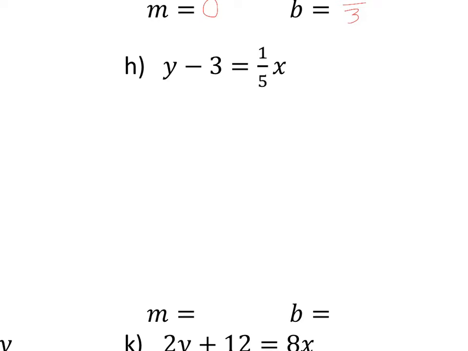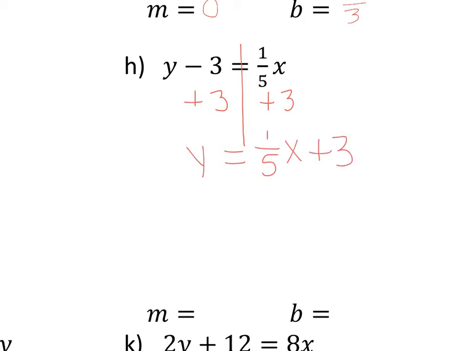Letter H, y minus 3 equals 1/5 x. This right away I can tell is not in slope-intercept form. We don't have y by itself, and in order to be in slope-intercept form, y must be alone. So let's go ahead and draw our line through our equal sign. Let's add 3 to both sides. So we have y equals 1/5 x plus 3.